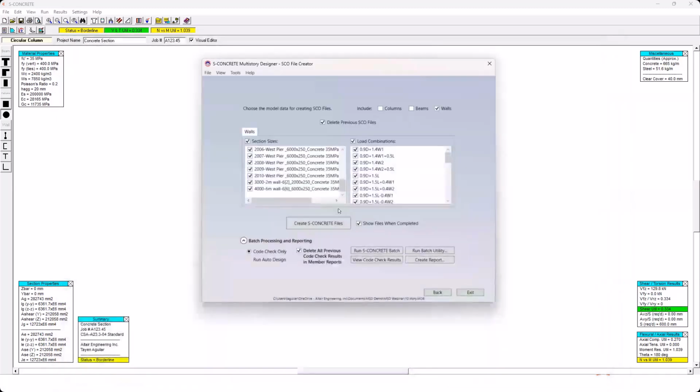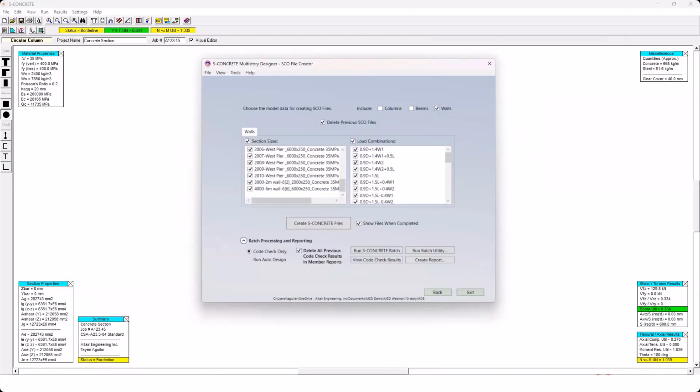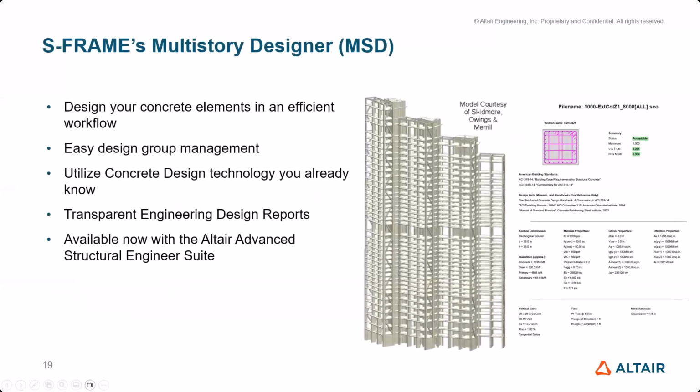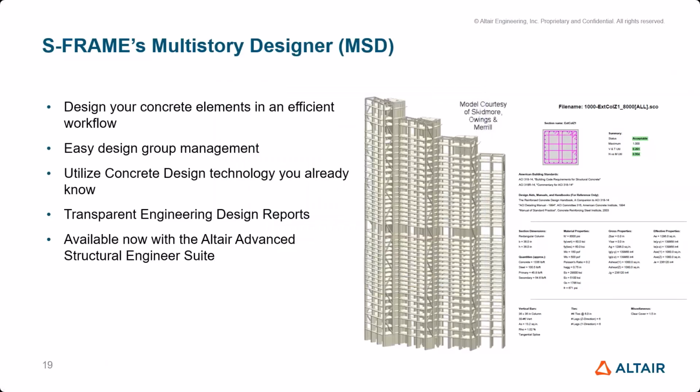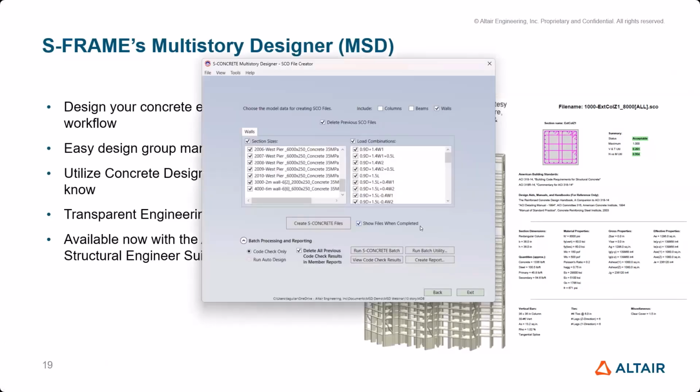Let me take this away, and now I am going to run the code check results that I have here for each one of the sections. And wait, sorry, I clicked out of it.